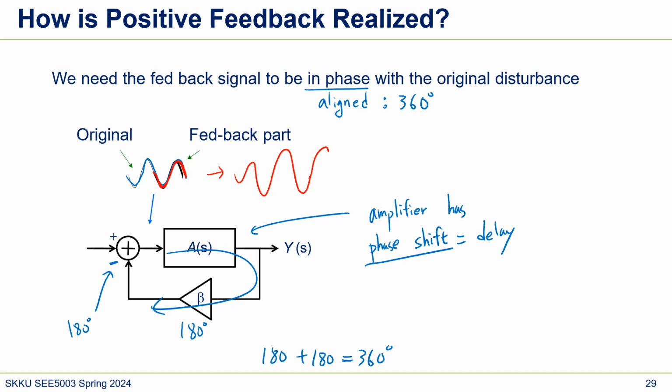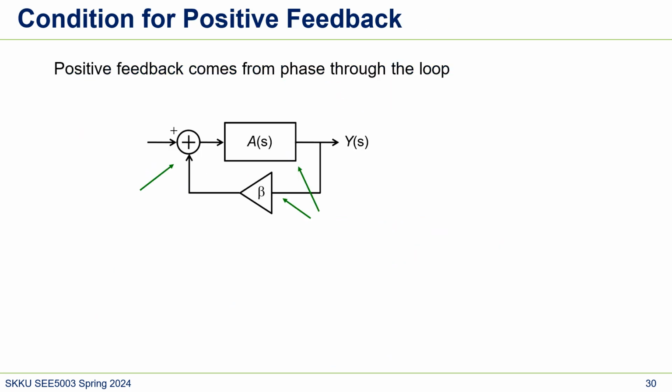So what we need is this phase shift and amplitude which is larger than 1. Then the positive feedback happens. So to repeat, positive feedback comes from phase through the loop.